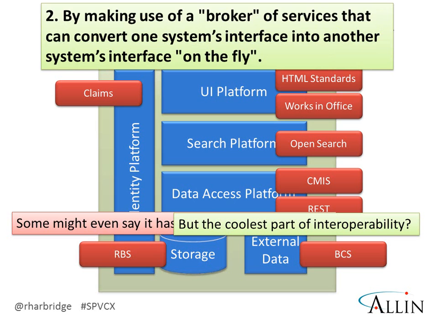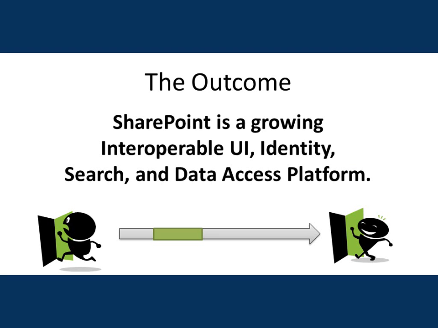BCS, in my opinion, is really that broker of services that converts one system's interface into another's on the fly. And there's a limitation of that, of course. There are times where you need something more robust, and you might go to BizTalk or some other, more powerful integration system. But there are certain times where that broker of services needs to be very simple, and BCS can do that, if we're not talking about highly transactional approaches.